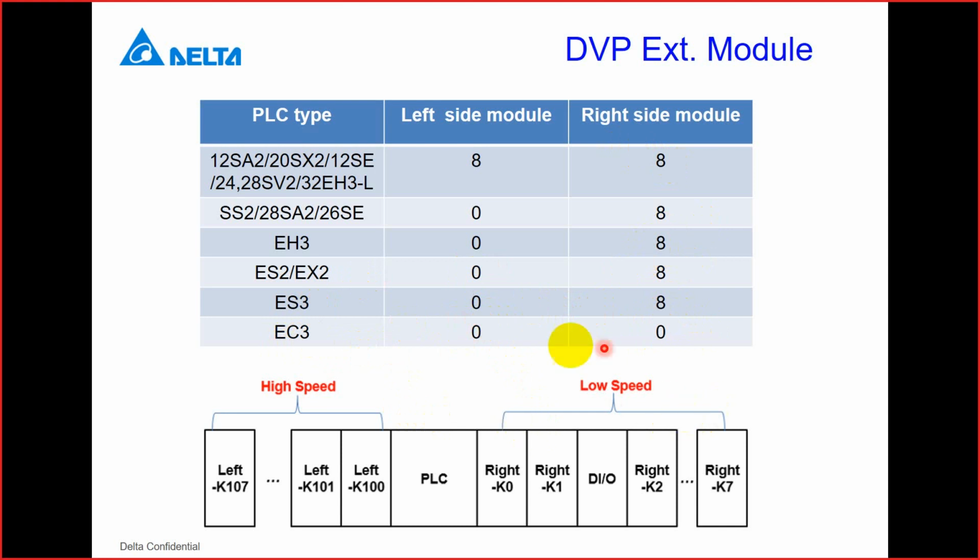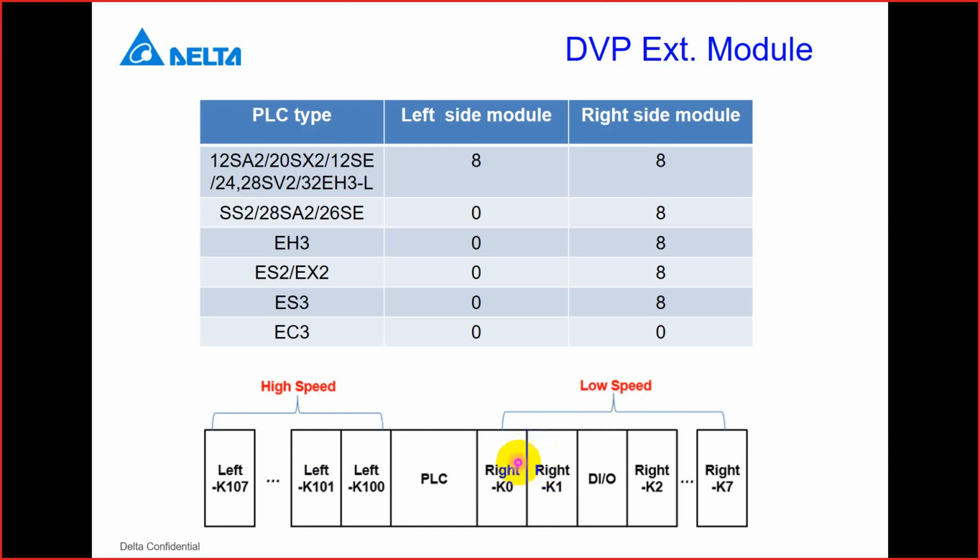And just have a quick comparison for the left-hand side and right-hand side. So here you can see I use the so-called low speed and high speed. The right side extension module is basically low speed, and the left side will be high speed. So we use the analog input module as an example.